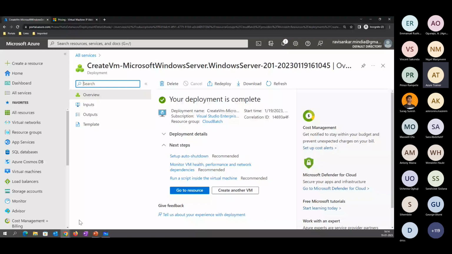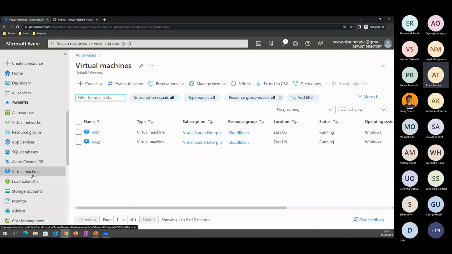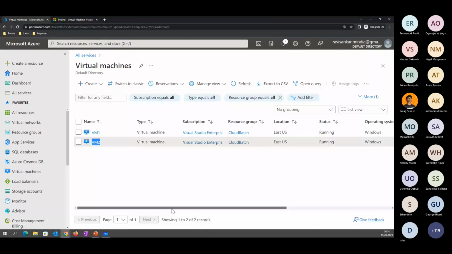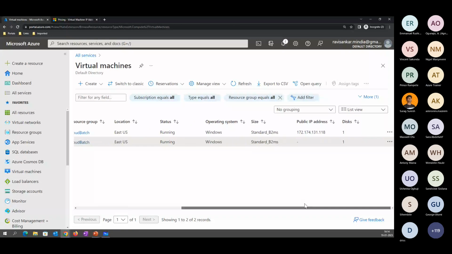Now, if you go back to VMs here, you can see VM2 has been created. Right now, you can see there is no IP address defined here. See, there is no IP address defined here. Why has this IP address not been defined here? Can you comment on the chat?